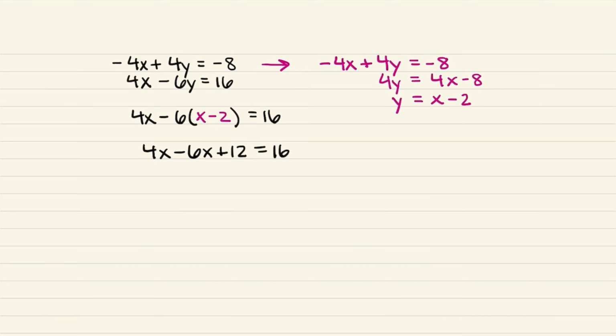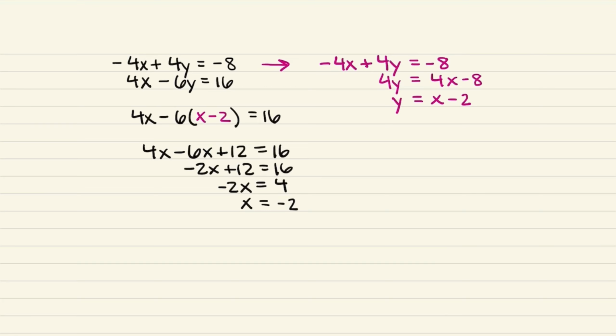Combine like terms. 4x minus 6x is negative 2x. Plus 12 equals 16. Subtract 12 from both sides. Negative 2x equals 4. Divide by negative 2. X equals negative 2.